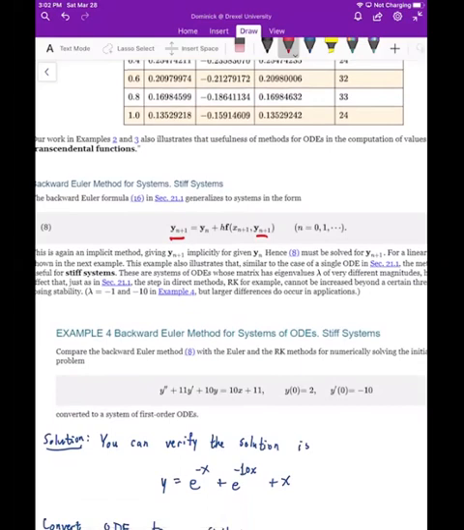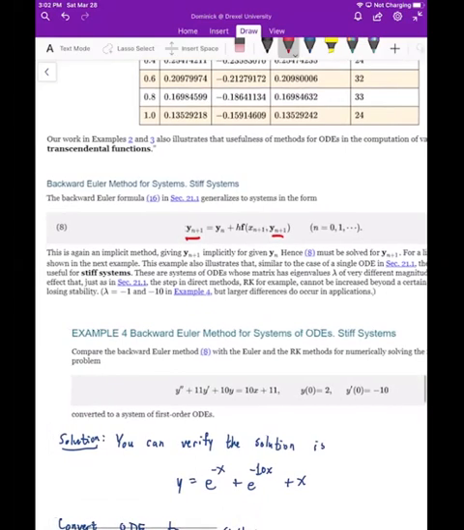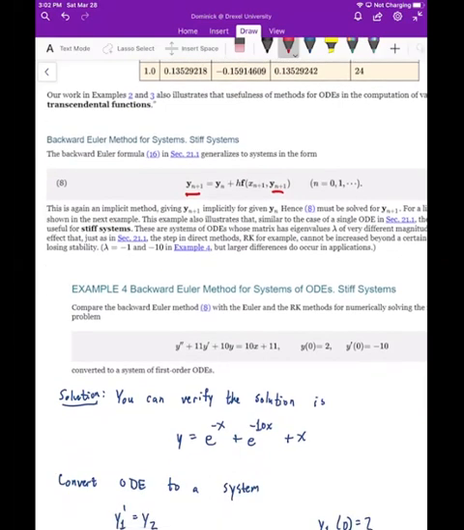Now, the advantage of looking at the backward Euler method is when you are faced with the possibility of losing stability for a certain type of problem, right?